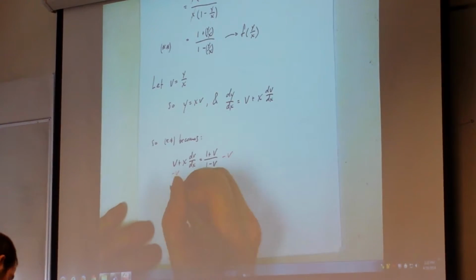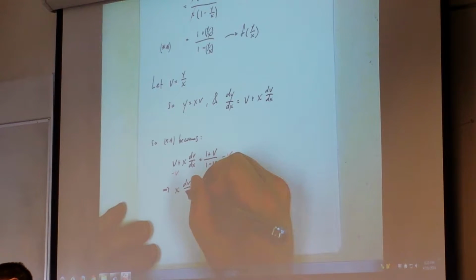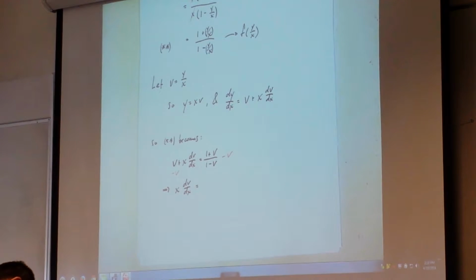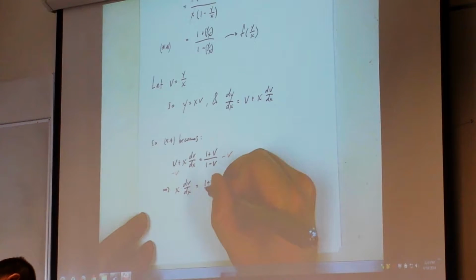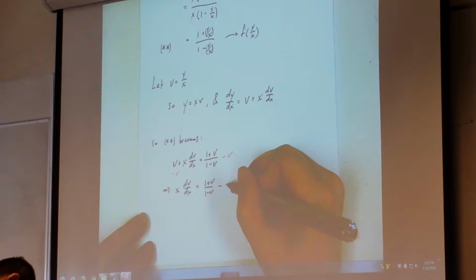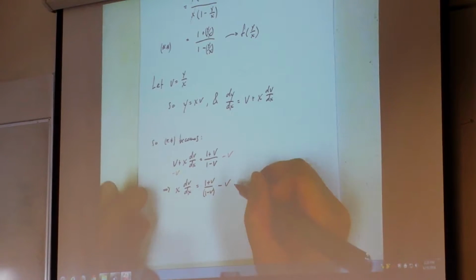And what do we get? x dv dx equals 1 plus v over 1 minus v, minus v. I'm going to multiply both sides of this by the denominator, 1 minus v.